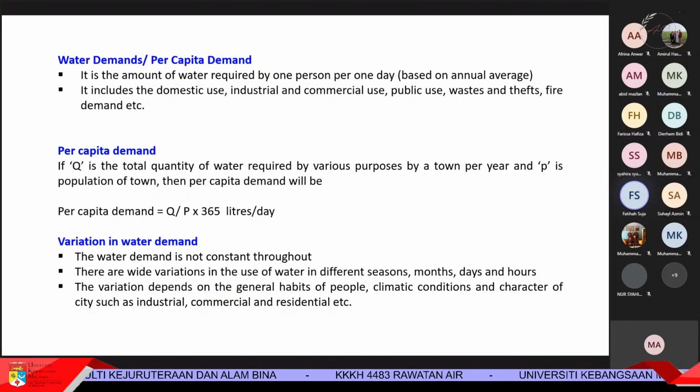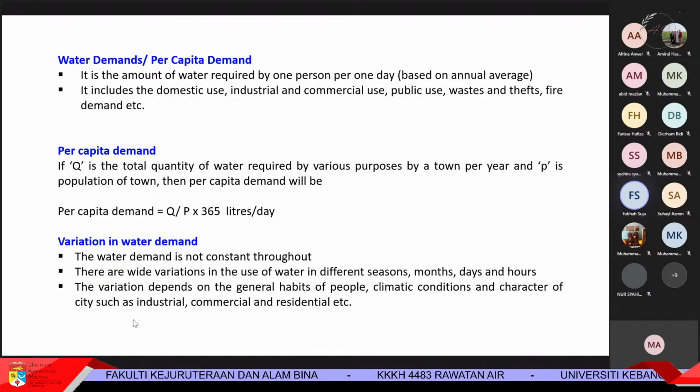The variation in water demand. The water demand is not constant, which is why you have different values for different countries. There are wide variations in the use of water in different seasons, months, days, and hours, and the variation depends on the general habits of people, climate conditions, and character of cities such as industrial, commercial, and residential.